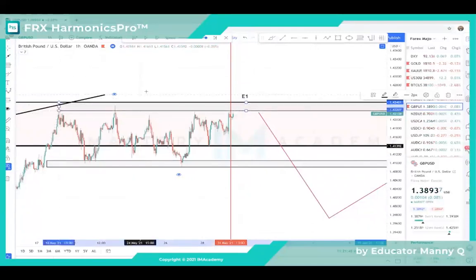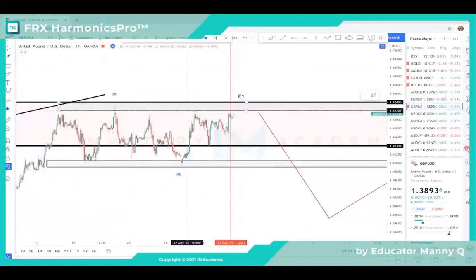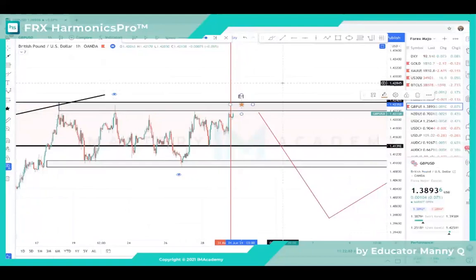So you're going to basically look for the market to come right up in this zone right here somewhere. Let's put a star, okay? This right here is going to be your very, very first position of entry right over here.